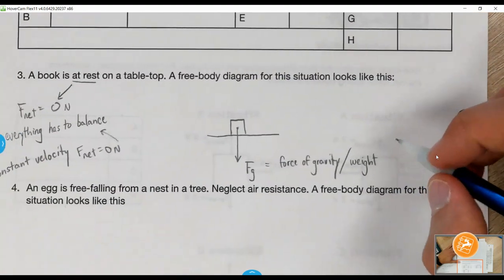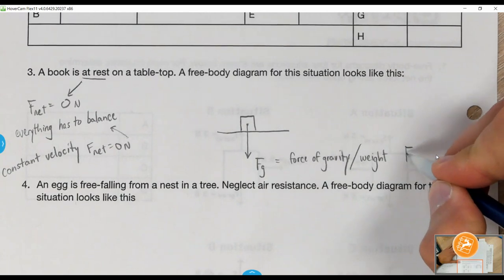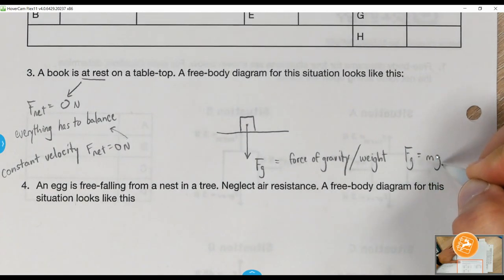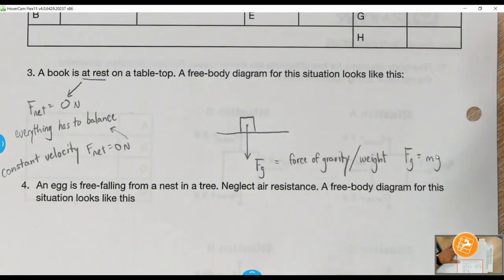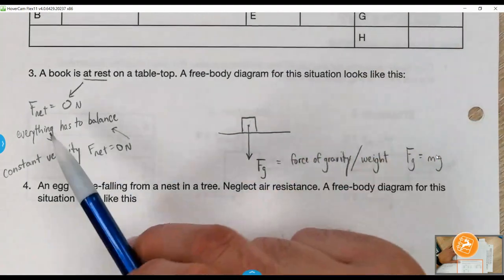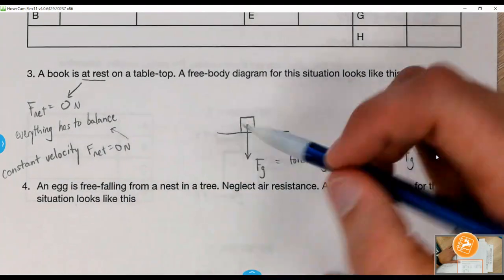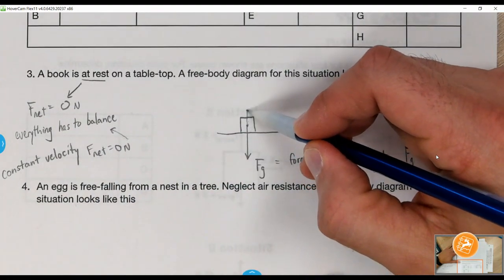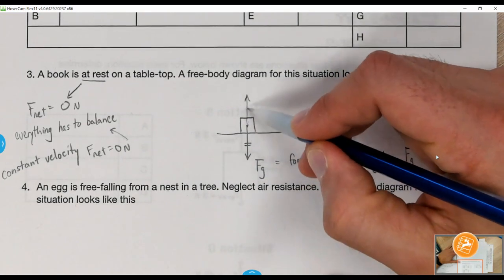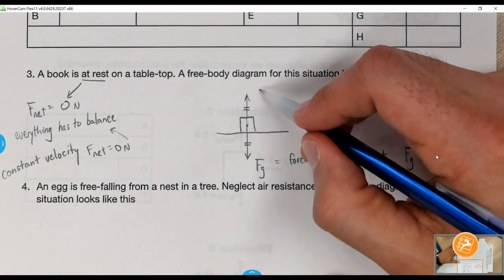And if you actually needed to solve for the value, if you know the object's mass and we use gravity, mass times gravity will give you that. And then what force, again, this thing has to balance because it's at rest. So that means you have to have a force going in the opposite direction, equal in size. So these two things have to be equal.